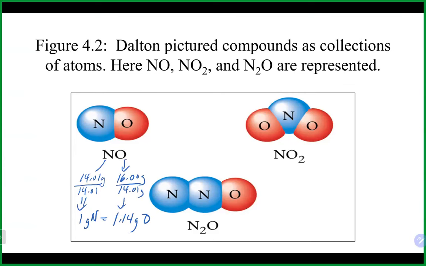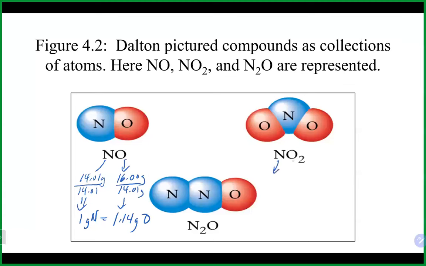So in this relationship, when nitrogen and oxygen come together, for every 1 gram of nitrogen we should have about 1.14 grams of oxygen.